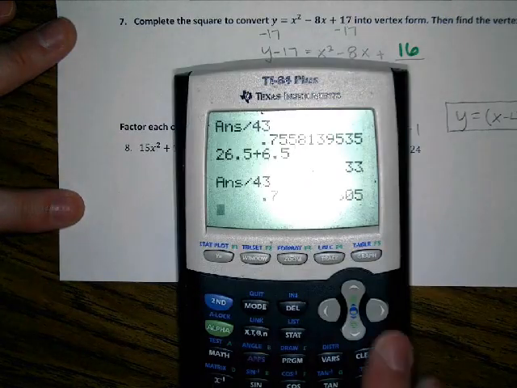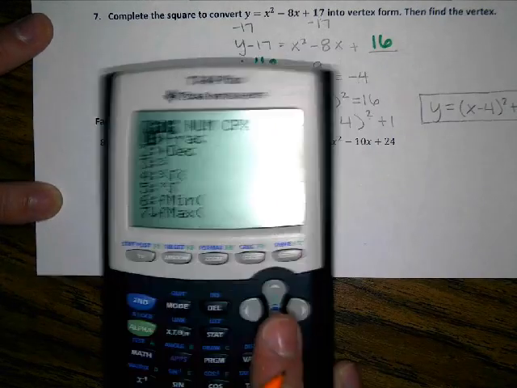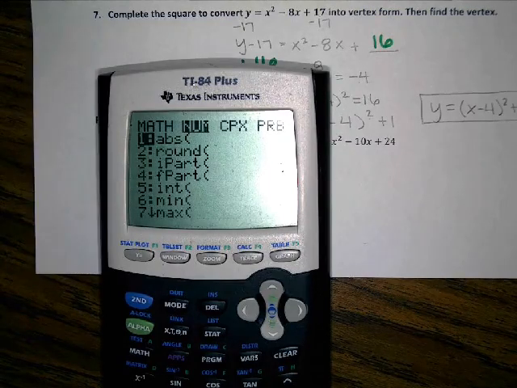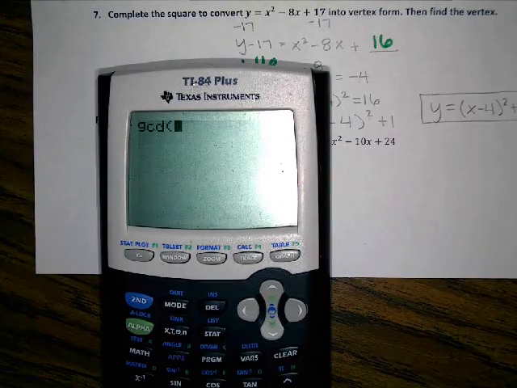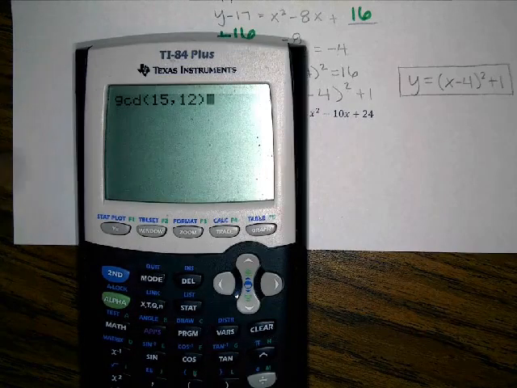So I'm going to grab my calculator. I'm going to hit the math button, go over to number, and then which option am I going to use? 9. And I'm going to type in 15, 12 to see what the GCF is between 15 and 12.